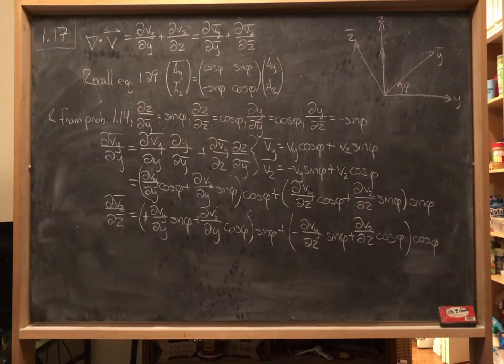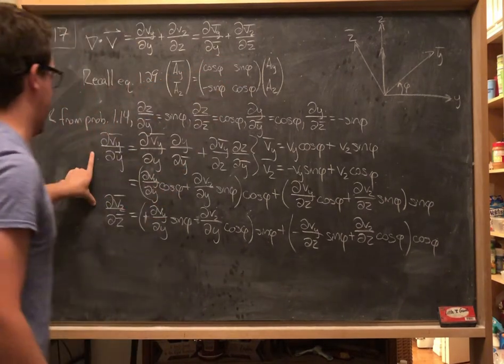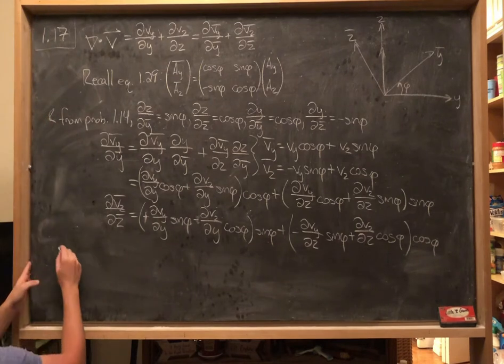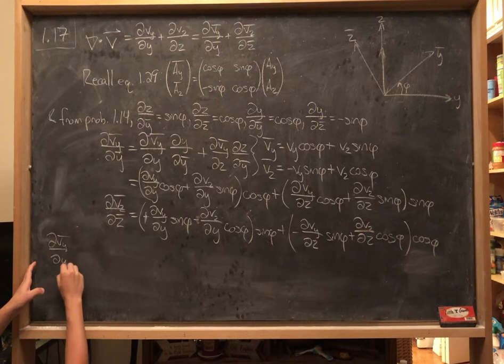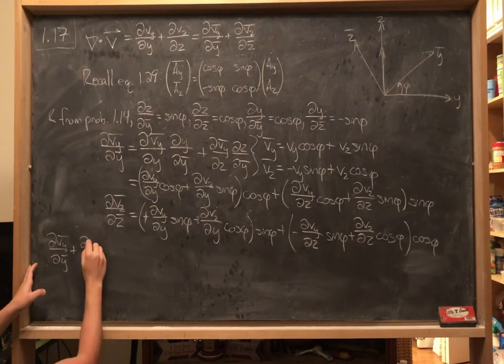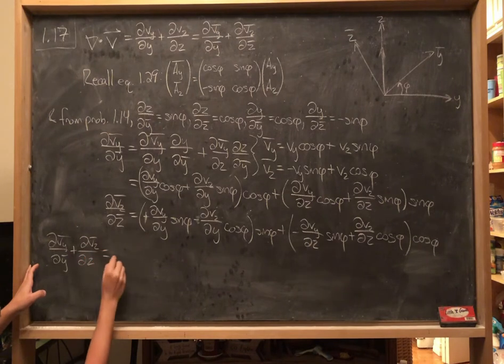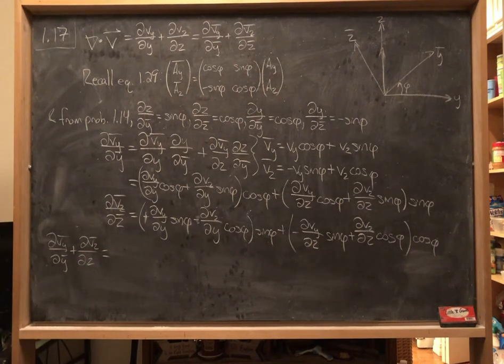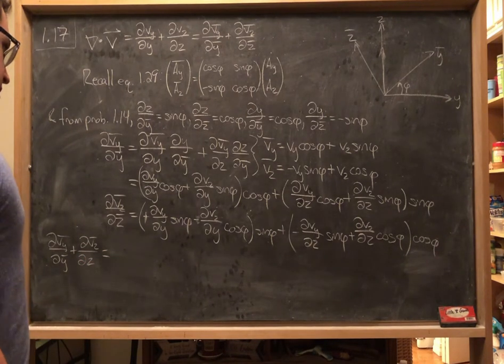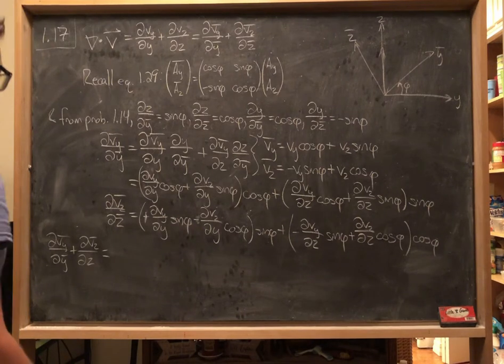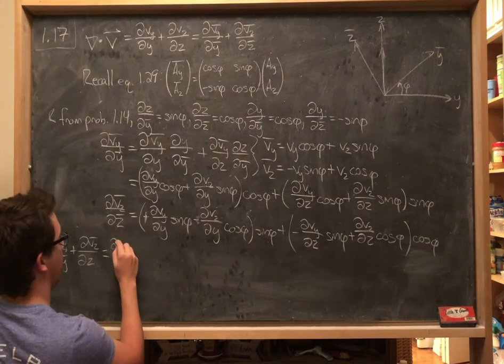And so then finally, what we want to do now that we have these two is add them up. So d vy bar dy bar plus d vz bar dz bar equals, and we'll do this by partial terms.